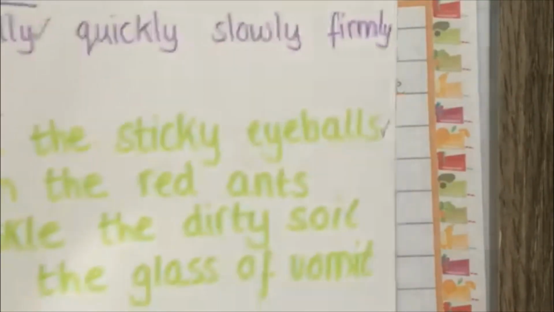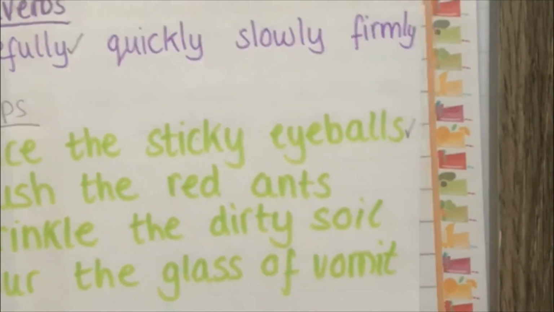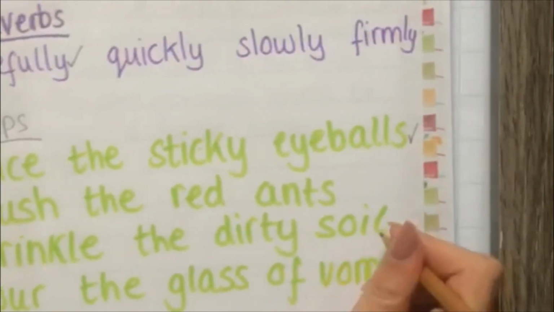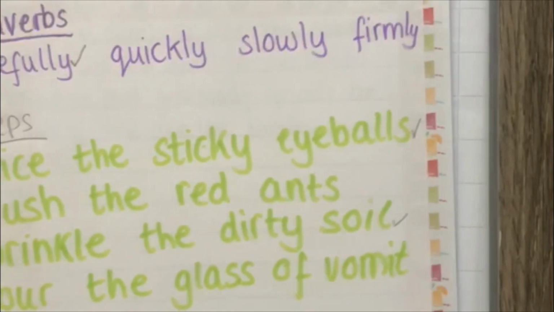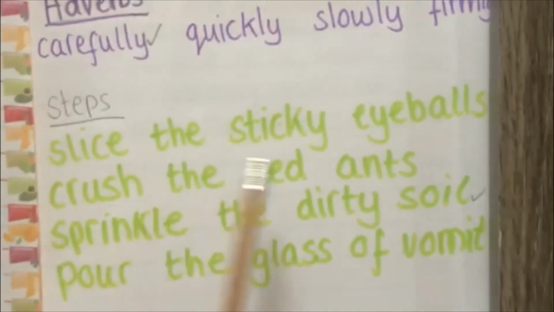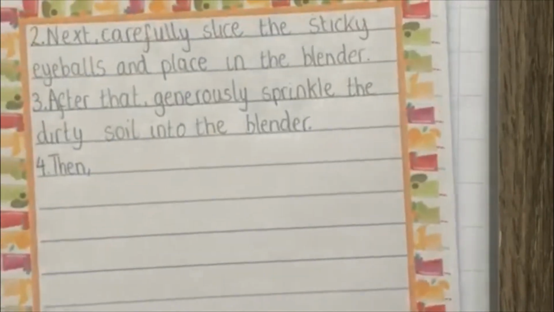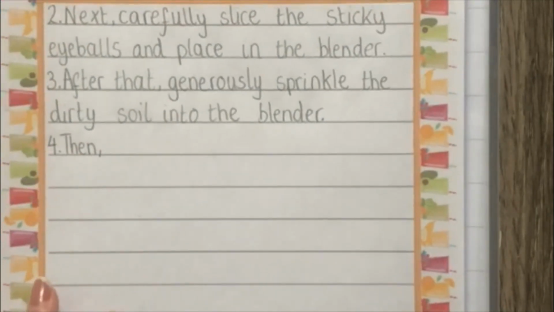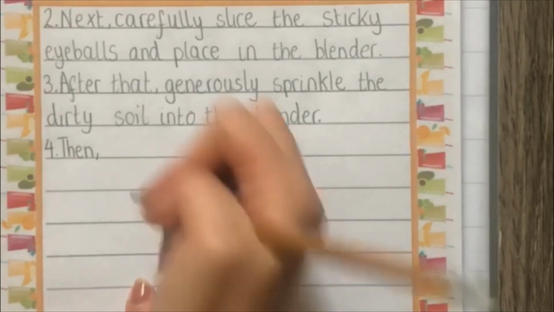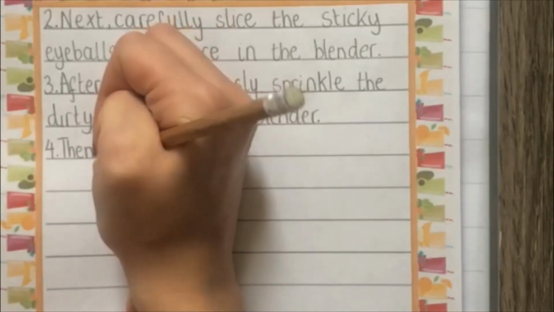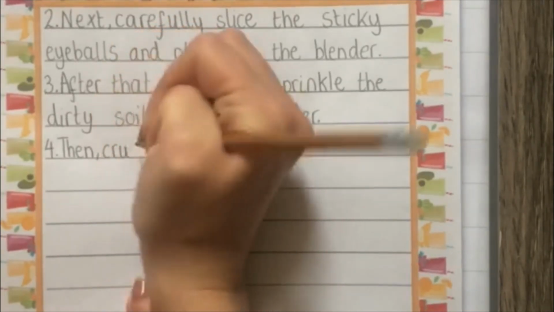Looking back to my ideas, I've sliced my sticky eyeballs, I've sprinkled the dirty soil. What else can I do with my ingredients? I know, I'm going to crush my red ants and add them to the blender. So then crush. I think we can all spell crush together. Sh.